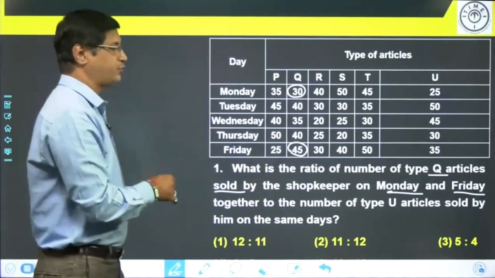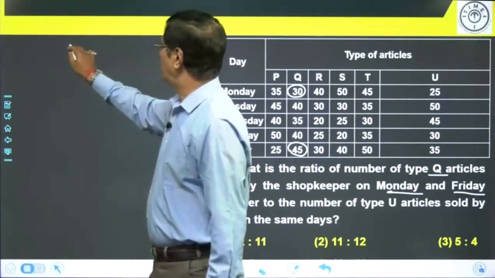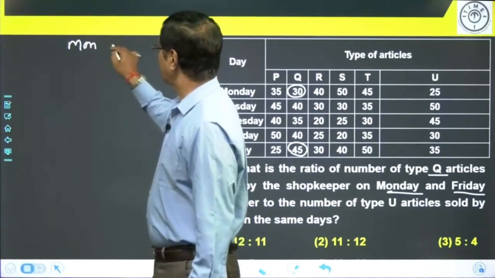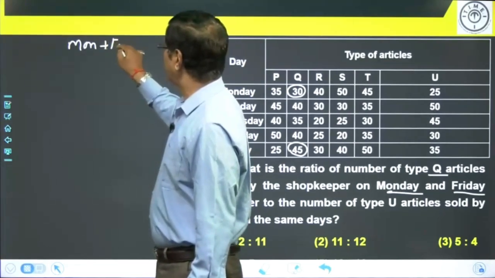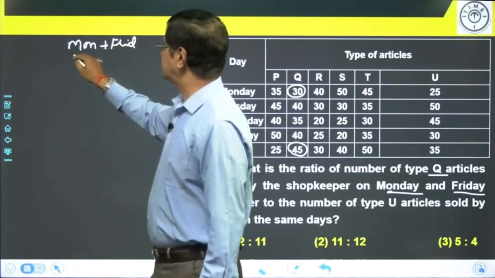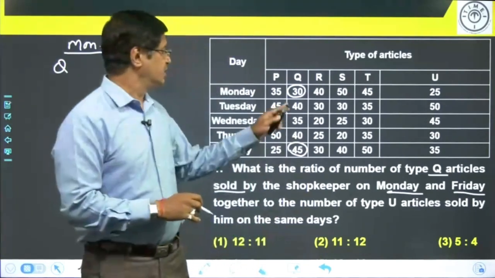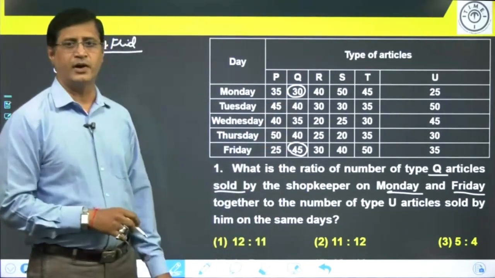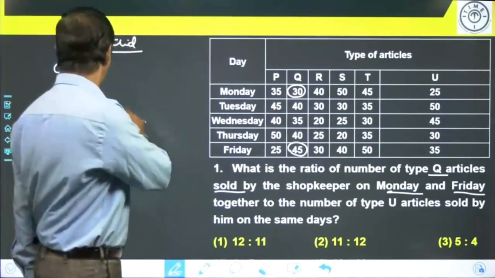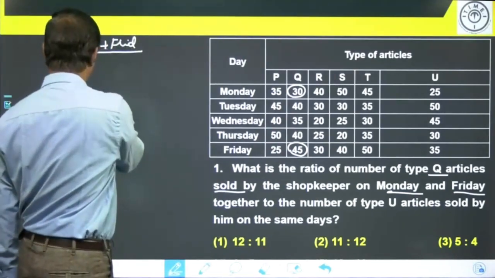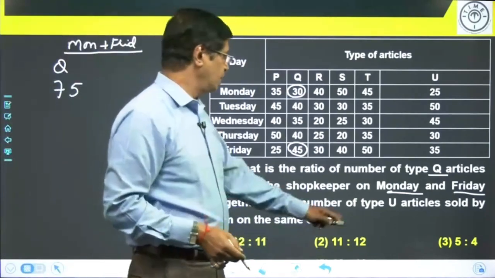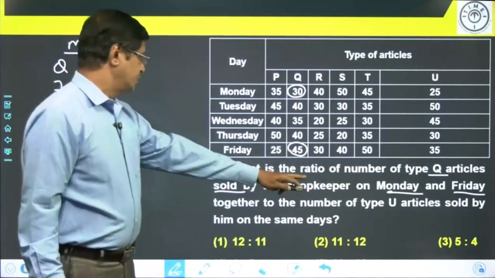So I will write here Monday and Friday. These are 2 days. Now what to find? How many Q articles were sold here? 30 plus 45, the sum of these two is equal to 75.